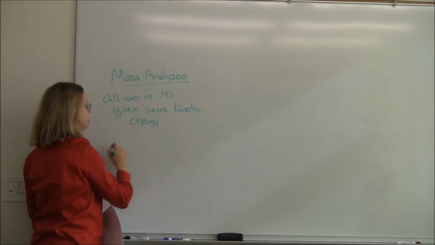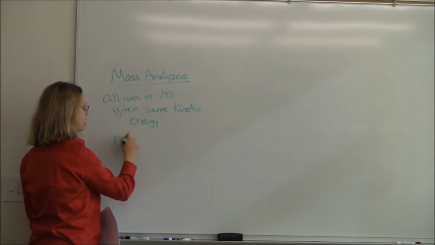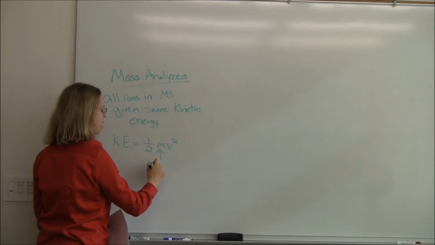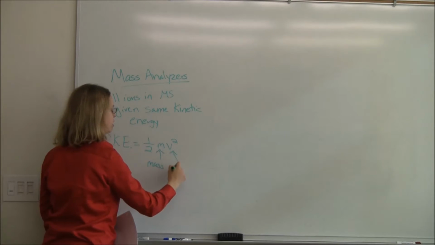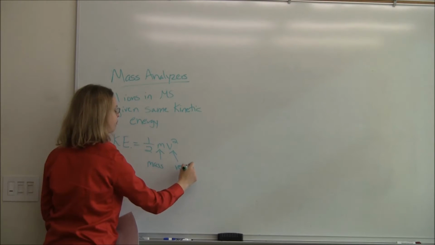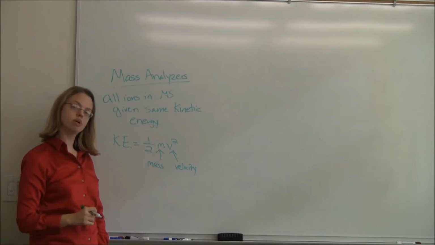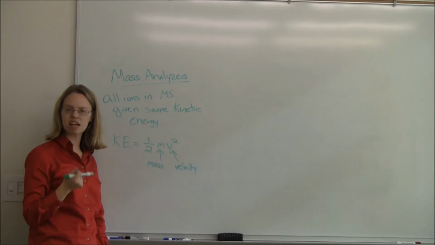From physics, you can remember this, right? Kinetic energy is equal to 1/2 mv squared, where m is mass and v is velocity. Well, if we're going to be moving around ions, we can also move them with voltages, electric fields.